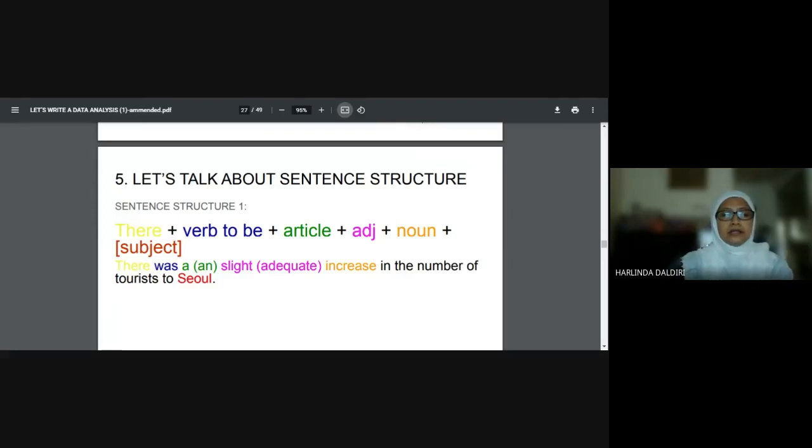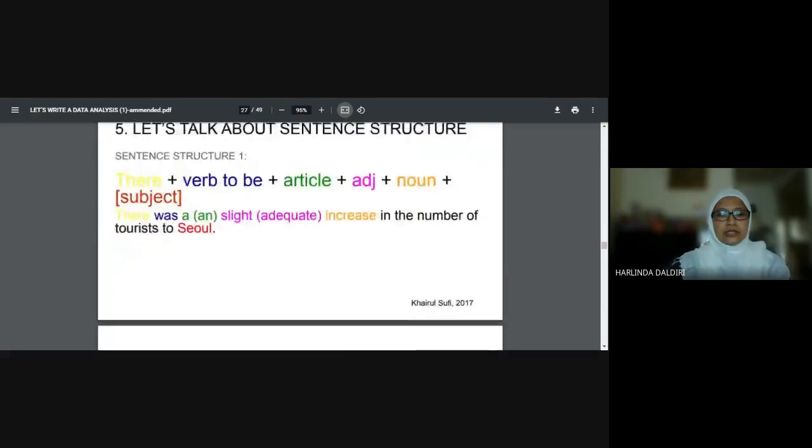Of course, here we use a, not an. There was a slight increase in the number of tourists to Seoul. Increase is the noun, slight is the adjective. This is one sentence structure.